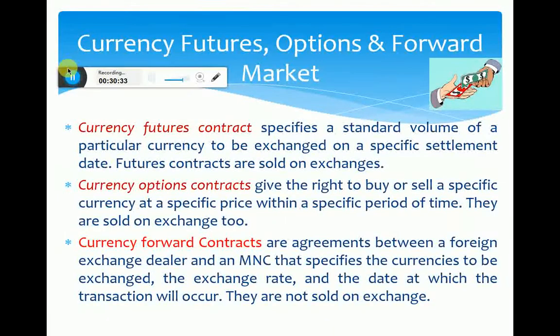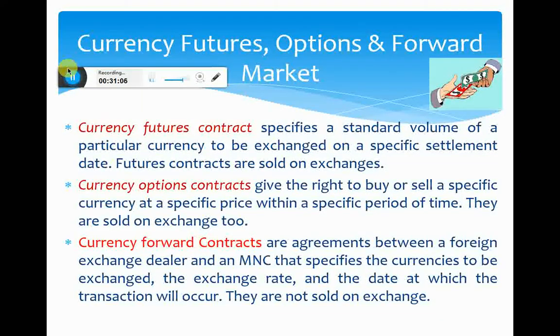In the future you specify the volume of currency, while in the option you specify the exchange rate of the currency. That's the only difference, right? In a future you specify the volume, for example $10,000. Then in options you say, I will buy or I will sell the dollar or a specific currency if it is at this exchange rate. You specify the exchange rate.